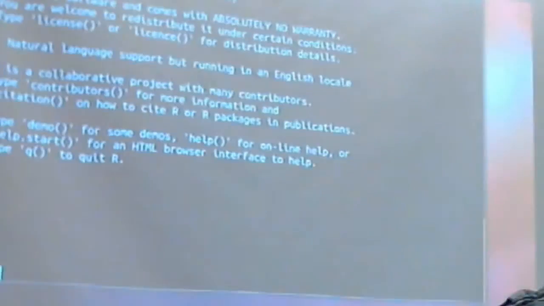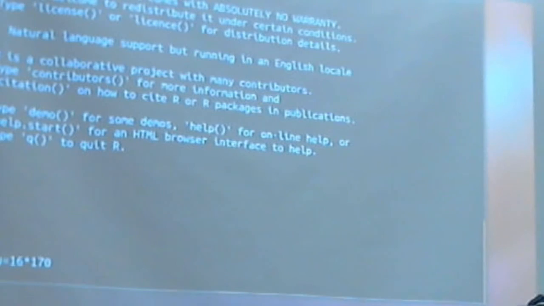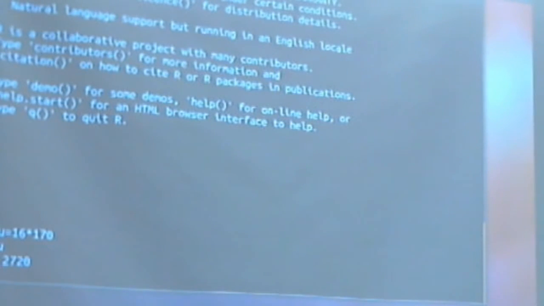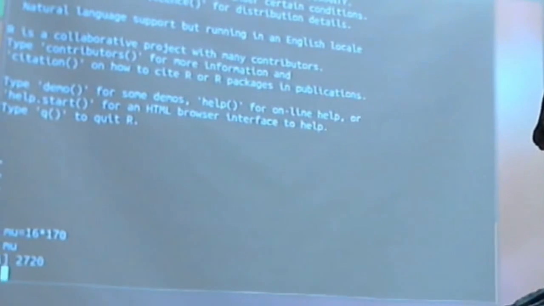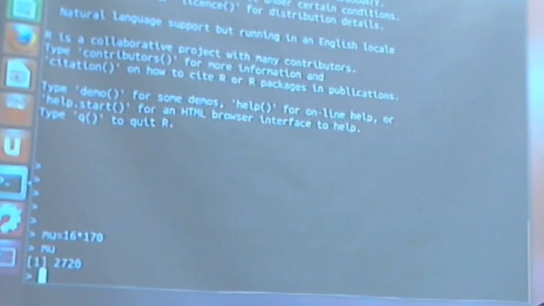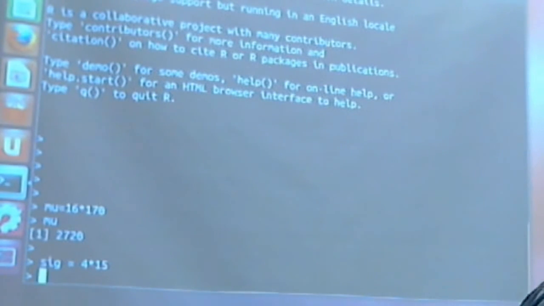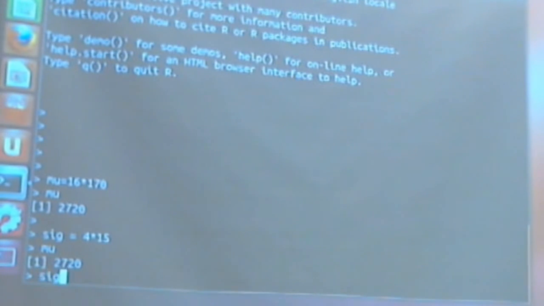Okay, let me just set it up. So the mean weight is 2720, and we're asking about 2900.